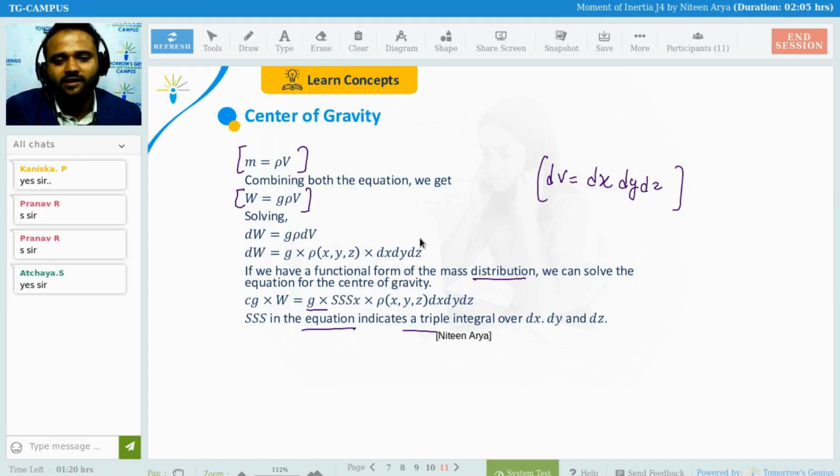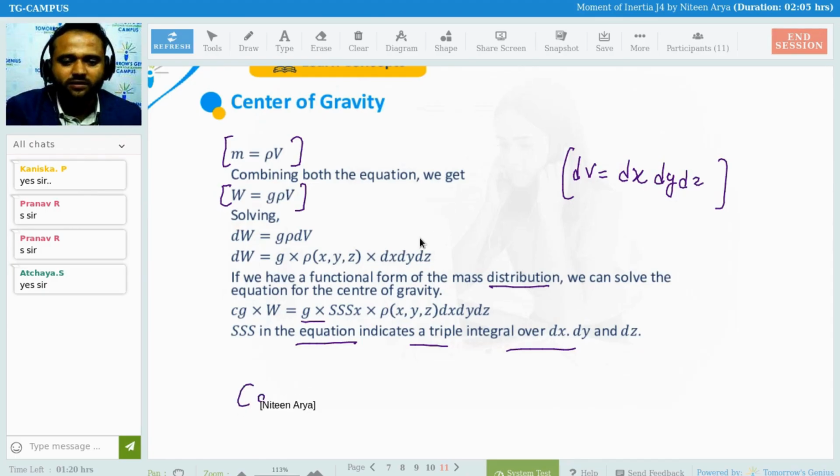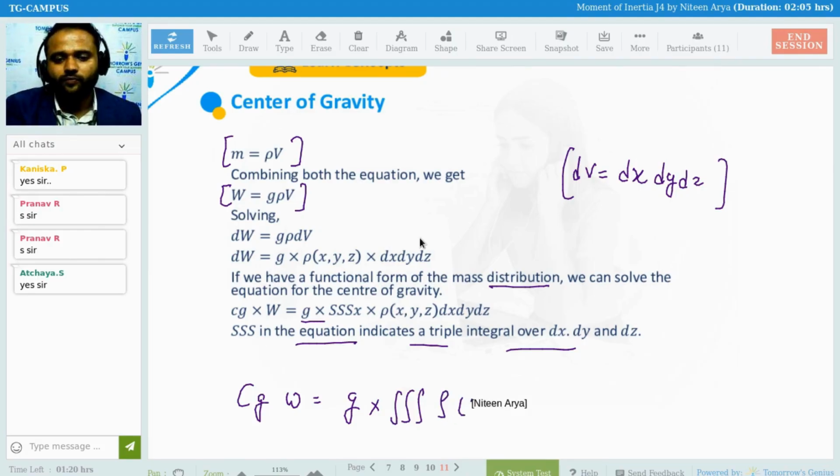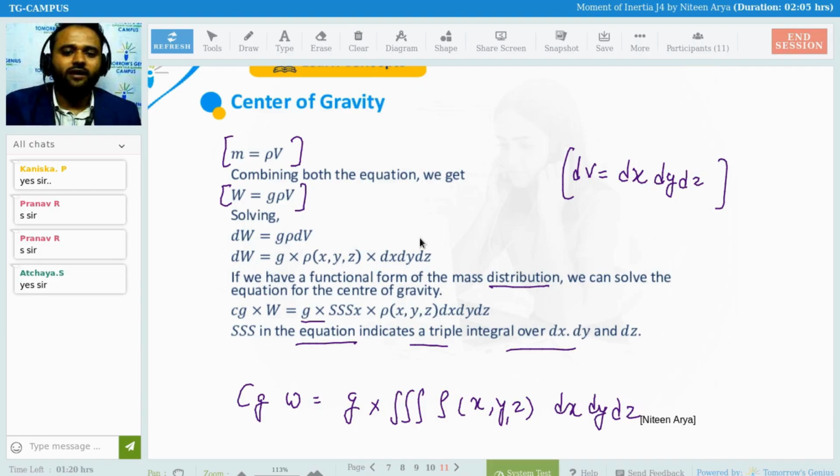This triple integral indicates a triple integration over dx, dy, dz. So this is nothing but Cg, the center of gravity, times weight, equals the triple integral of x g rho(x,y,z) dx dy dz.